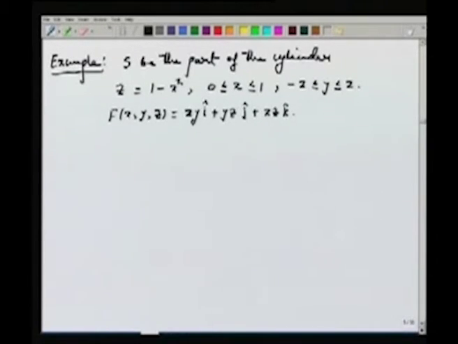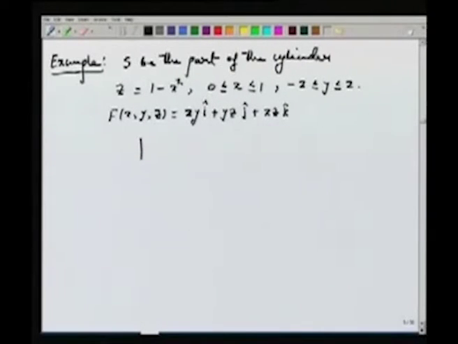Here first we have to understand what is the outward unit normal and hence the direction of the boundary of that surface. So we try to draw the surface first. So this is the y axis, this is the x axis, let us say this is the z axis. Then the surface looks like this.